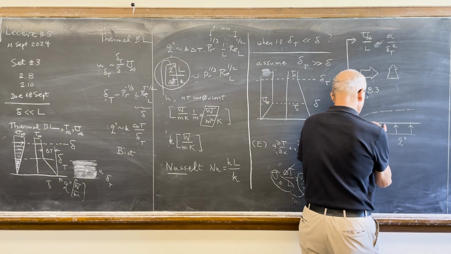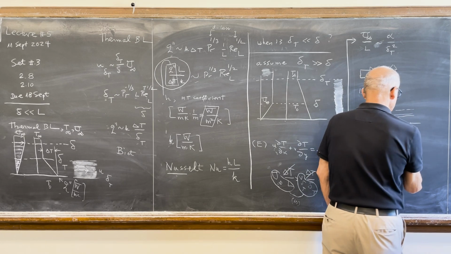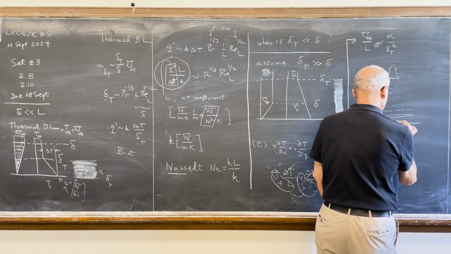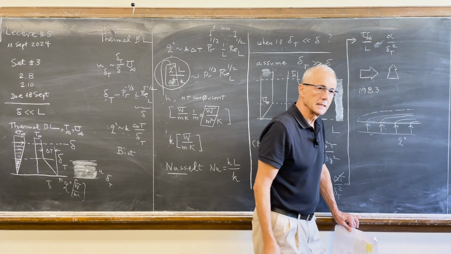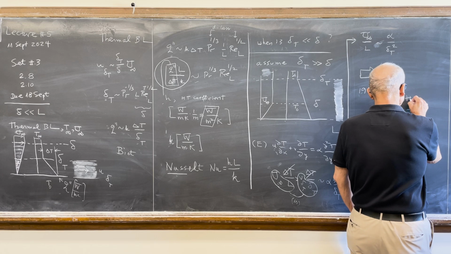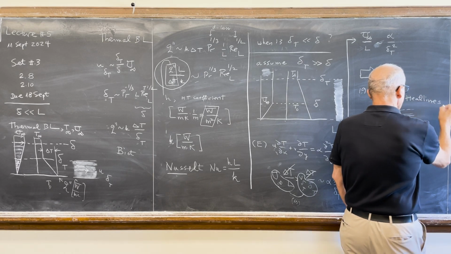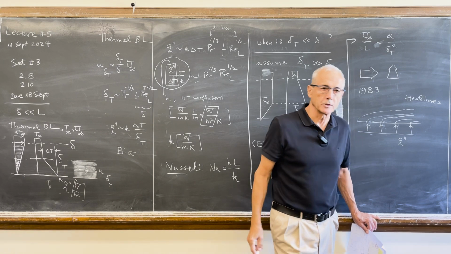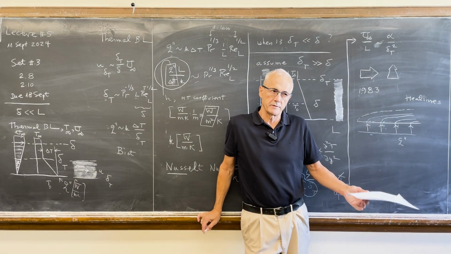So the actual path of the injected heat input is this. And those are the heat lines, which is a concept or a graphic technique of opening people's minds to the reality of convective flow.